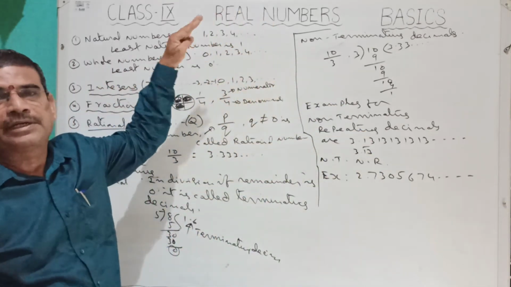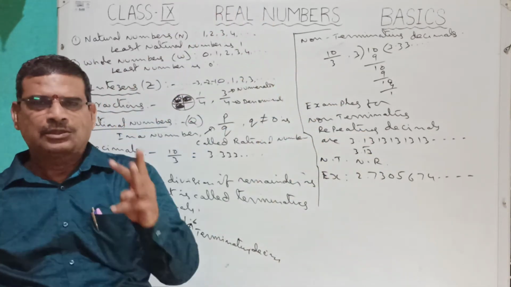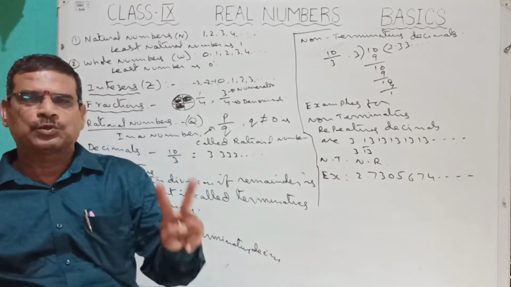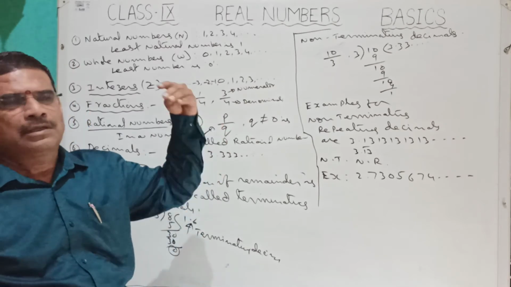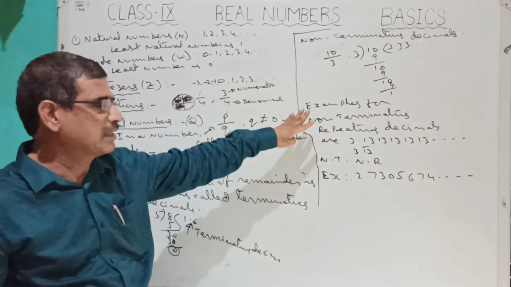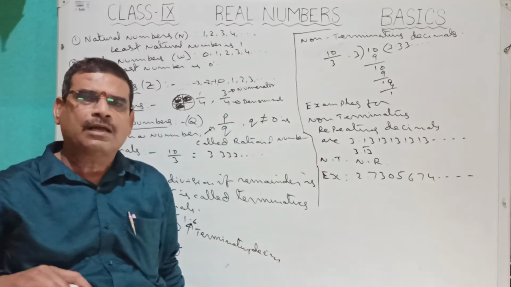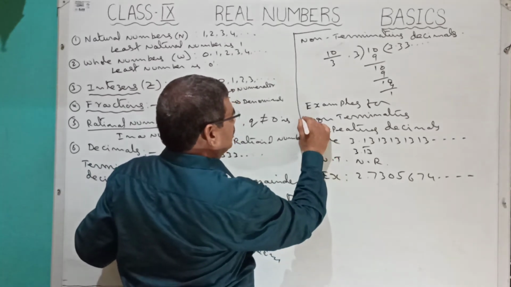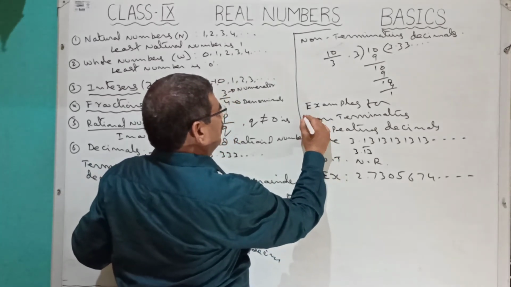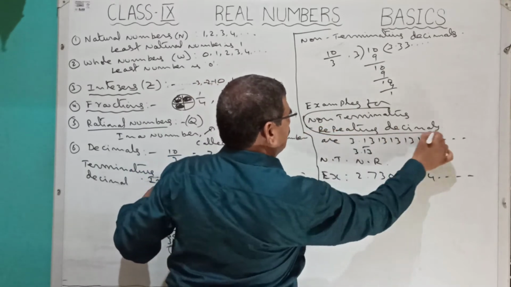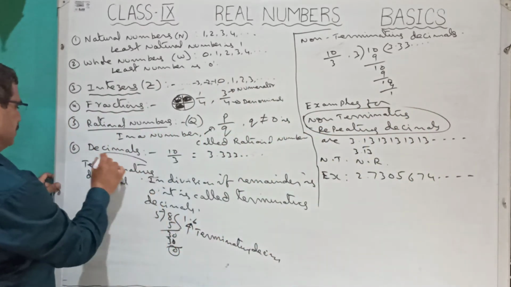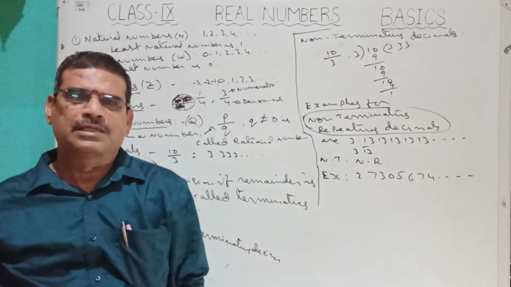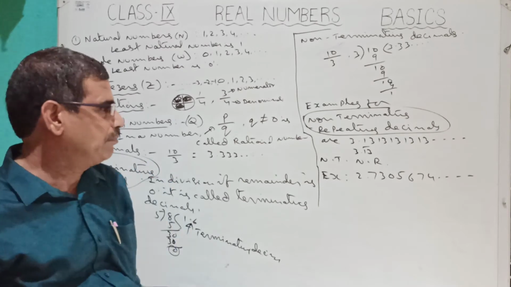Another one is terminating decimal. So overall, 3 kinds of decimals are there. One is terminating decimal. In non-terminating, 2 models are there. One is repeating decimal and another is non-repeating decimal. This non-terminating repeating decimal and terminating decimals can be written in rational form, that is P by Q form.